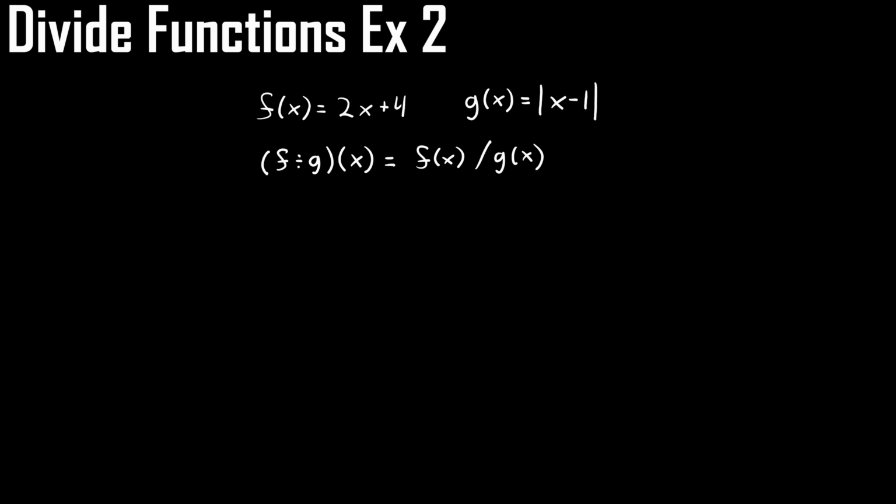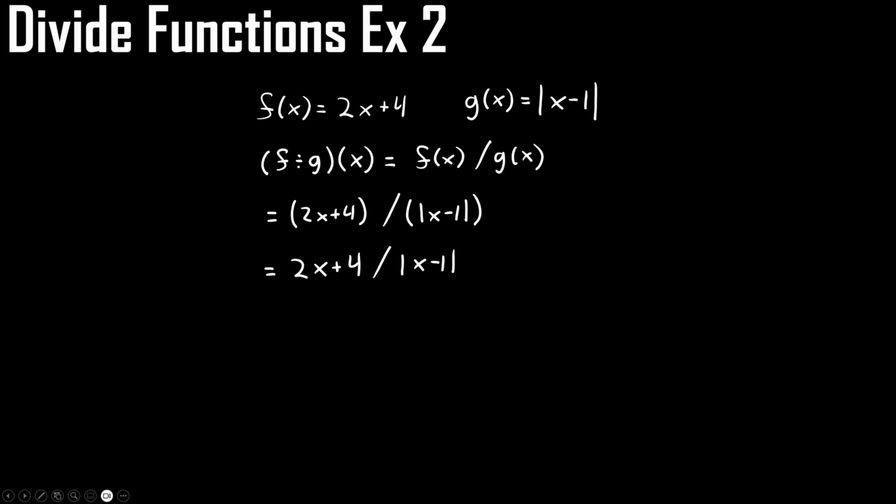So our first step is we're going to plug in our functions. So this will equal f of x, which is 2x plus 4, divided by g of x, which is the absolute value of x minus 1. Now there's no simplifying we can do, so our function will be 2x plus 4 divided by the absolute value of x minus 1.